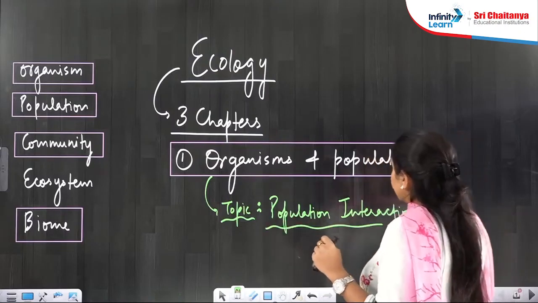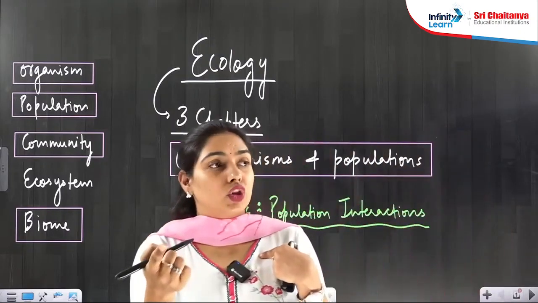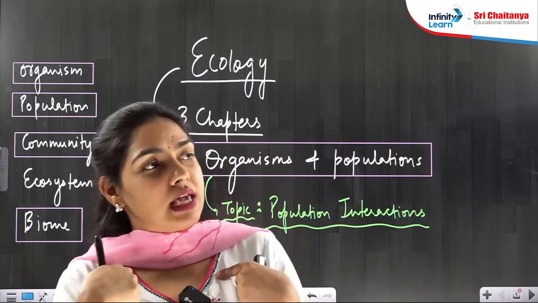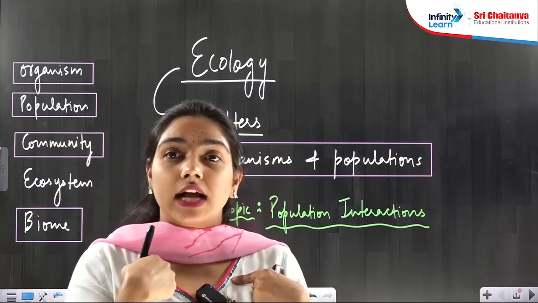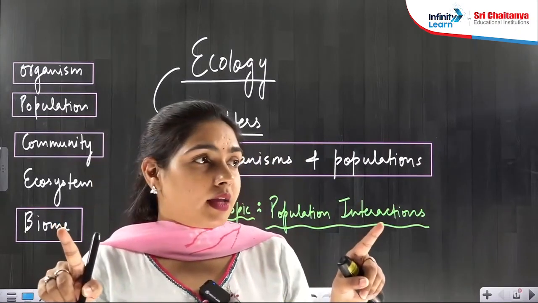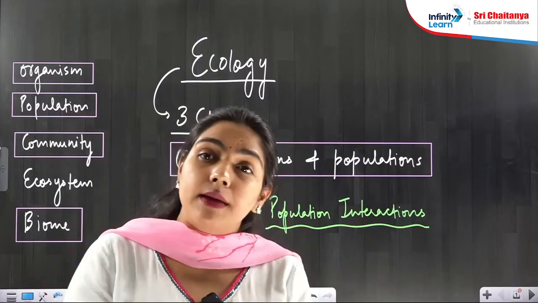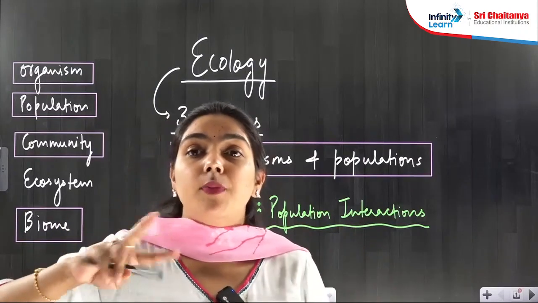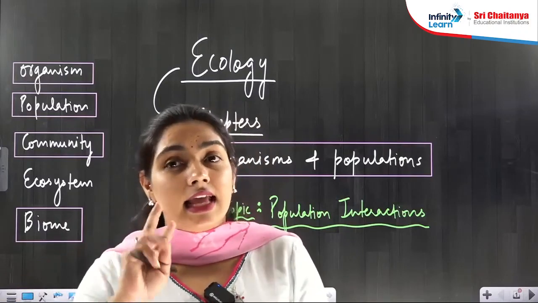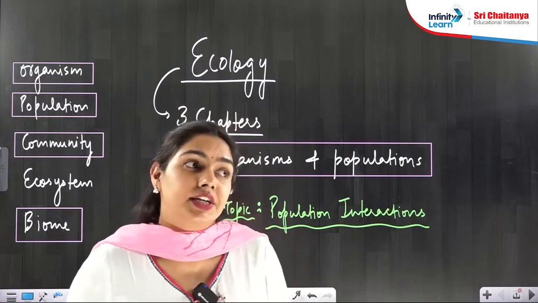So as you know what a population is, now I will tell you about population interactions. When I am interacting with you and you are interacting with me, is this a population interaction? No, because we belong to the same population. When different populations are interacting, then you can say this is a population interaction.